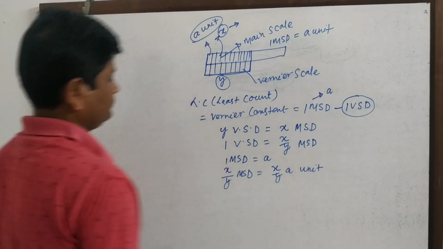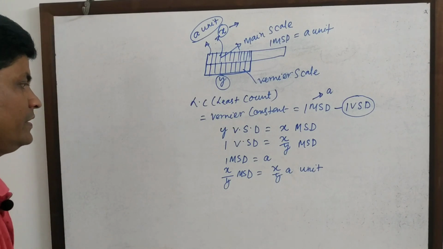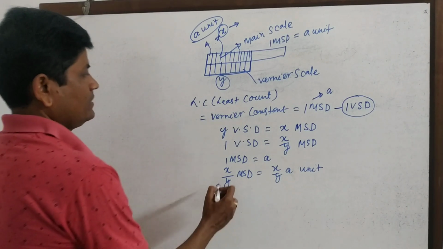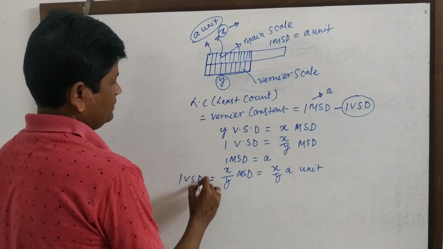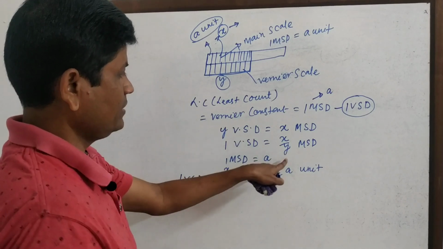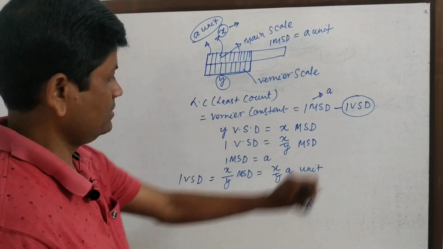So 1 VSD is equal to X by Y MSD, which is equal to X by Y A unit.